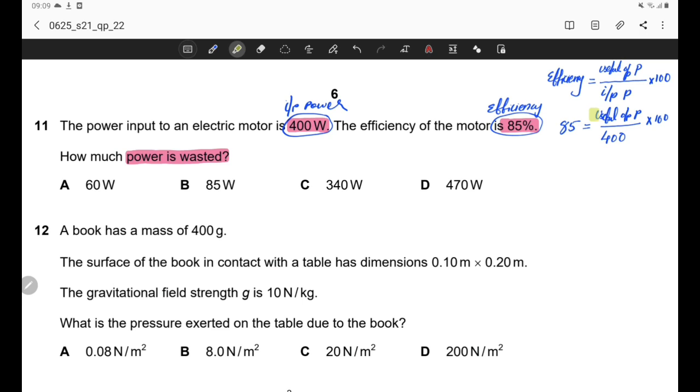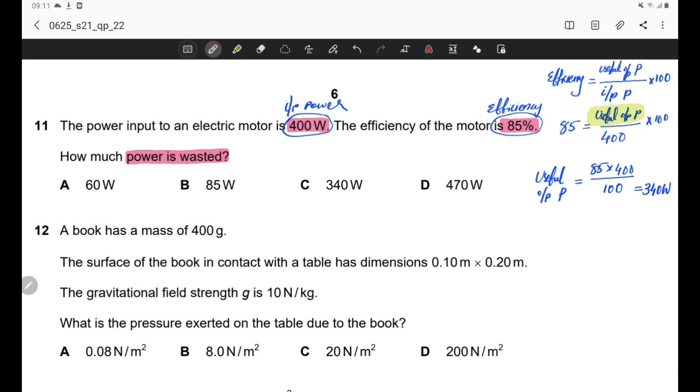From this we can calculate the value of useful output power by making it the subject of the equation. We have to take 400 and 100 to the other side of the equation. So useful output power is equal to 85 times 400 over 100, and the answer is 340 watt.